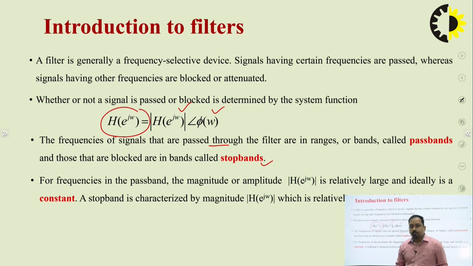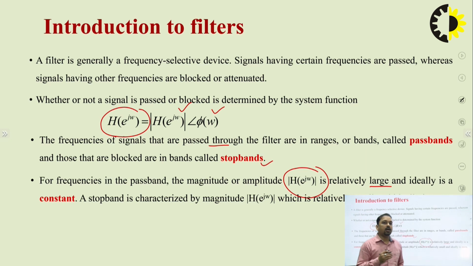So next is for the frequency in the pass band, the magnitude of H(e^{jω}) is relatively large. Whereas we can say in the stop band, the magnitude of H(e^{jω}) is very small. We'll be seeing later on when we see the designing of IIR filters.